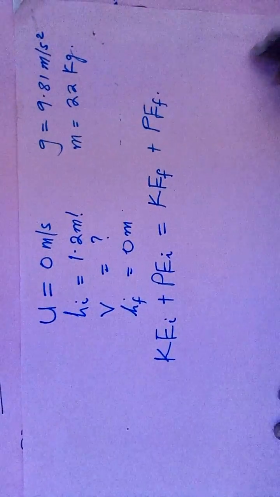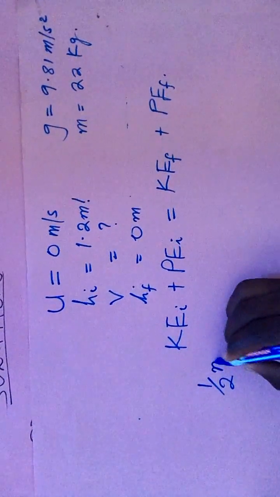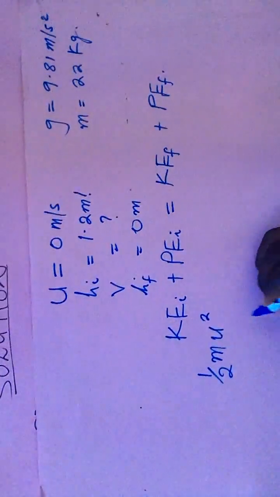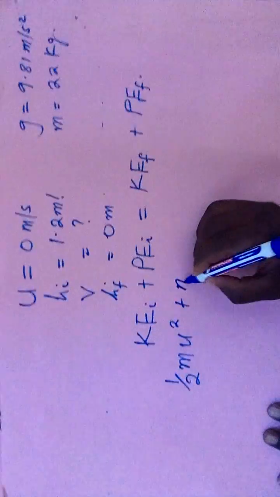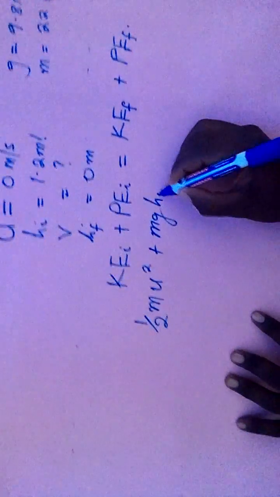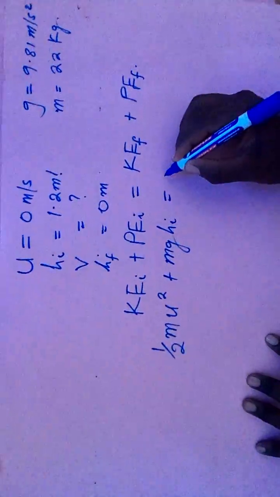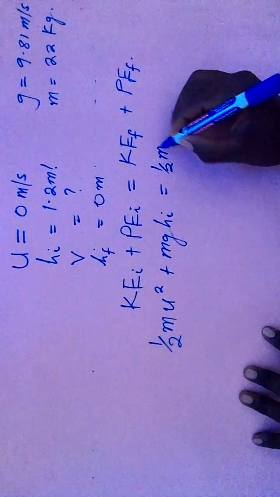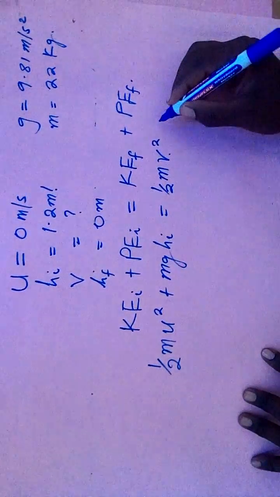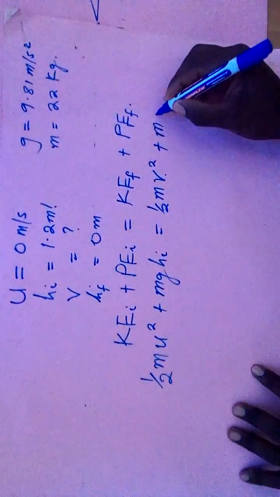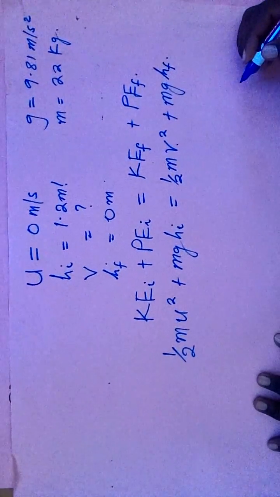So we have the initial kinetic energy, half m u squared, where u is the initial velocity, plus m g h initial, must equal the final kinetic energy, half m V squared, where we are using a capital V, plus m g h final.